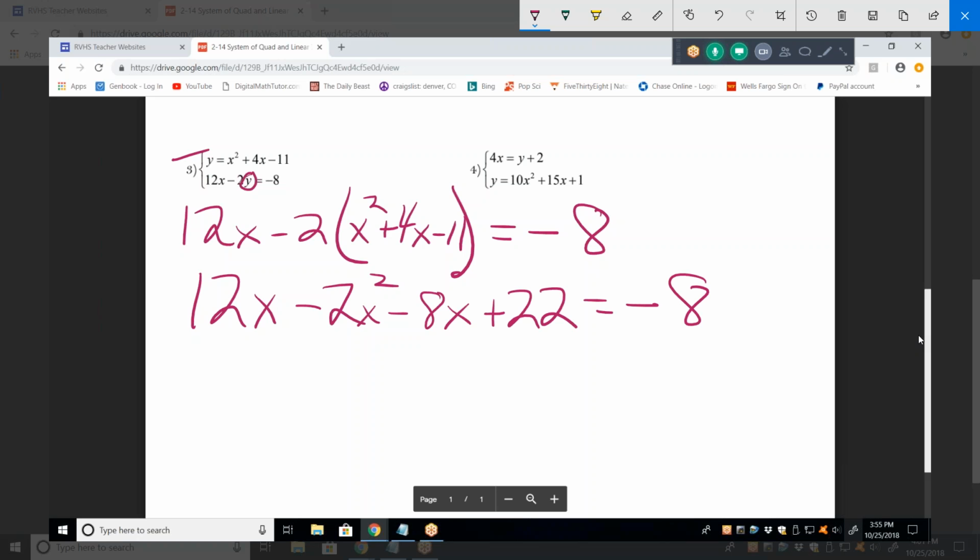Now, what we want to do is we're looking at a normal quadratic. So we want to gather all like terms together, and we want to put everything on the same side and leave 0 on the other.